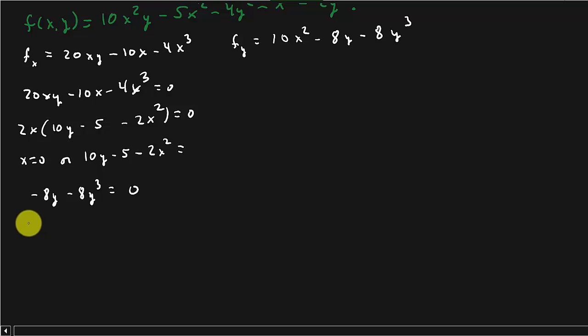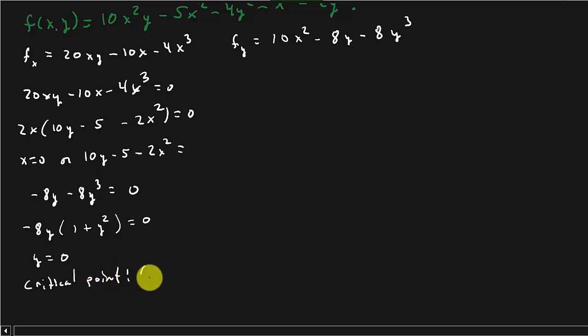So we have negative 8y times 1 plus y squared equals 0. So I get y equals 0, which gives a critical point at 0, 0. I'm going to mark that with a little star because I'm going to have to use that later.